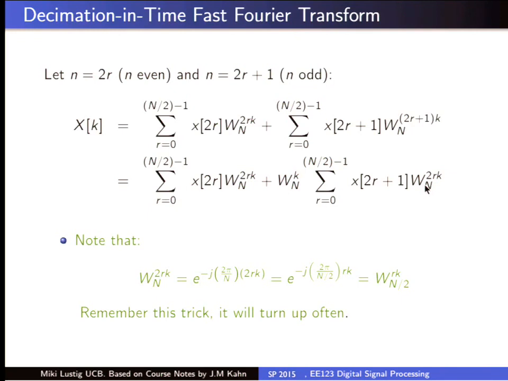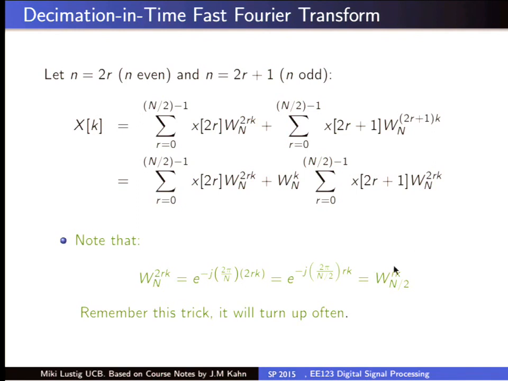We're still not there because now we have a sequence which is half the size, but we still have w sub n. So we're going to exploit the fact that w to the power of 2rk over n is actually w sub n over 2 to the power of rk.